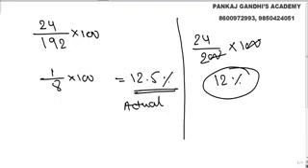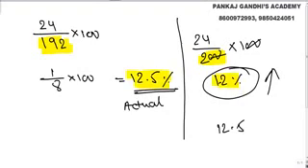To get the actual answer, this answer should be increased. Now what did we do? The actual denominator was 192 and we made it a round figure 200 and solved it. But to get the actual answer, this answer should be increased.